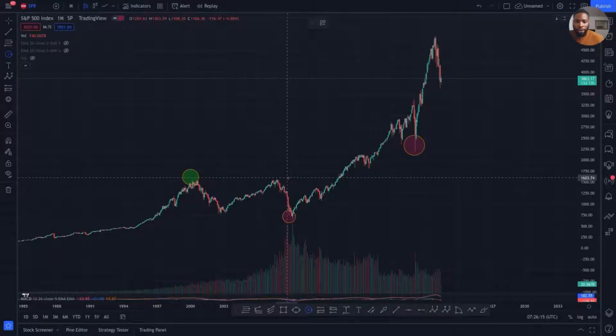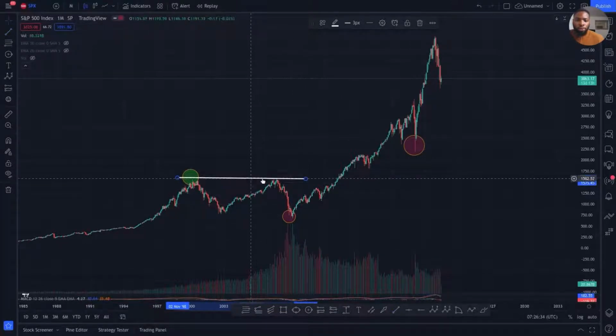You can see they're all on the same level. The market didn't just range. So this is a high, this is a high, and this is a high. A high is the place, an area, where the market refused to break above. So a massive resistance was down here at this level, where the market couldn't break above this region. So these two areas are both highs.